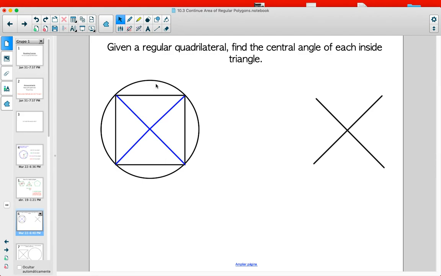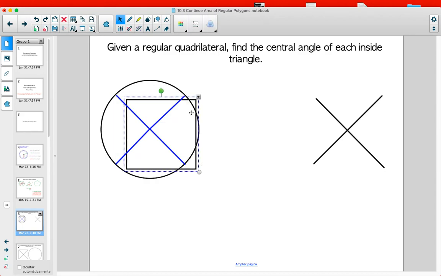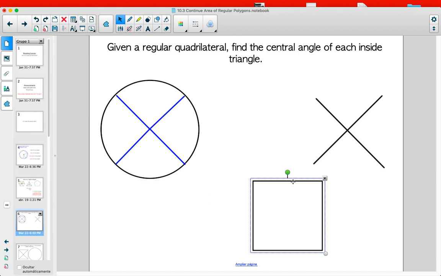Now, let me remove the square for now. So we actually have 4 central angles. Remember, a central angle of a circle is bounded between 2 radii, and the vertex of the angle is at the center of the circle.